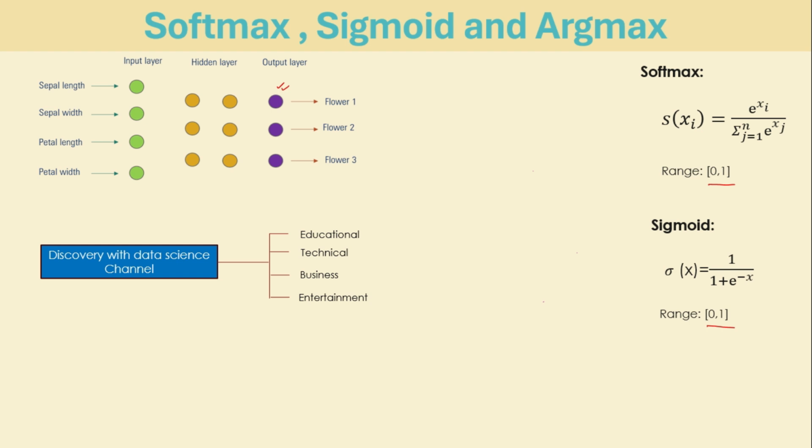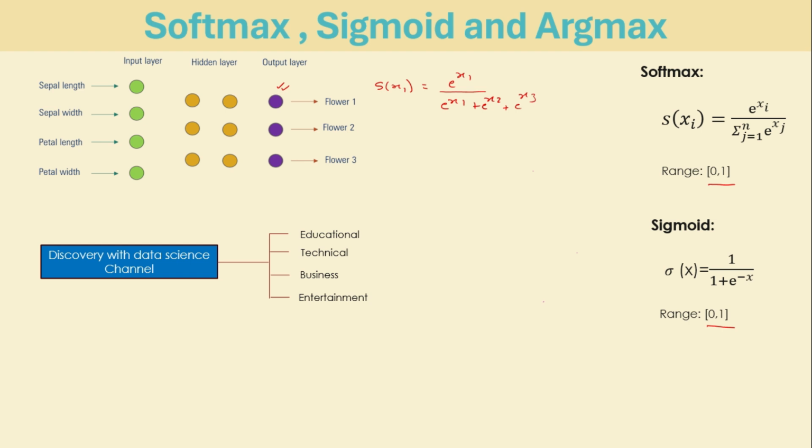But if you see its formula and calculate for each group, like for flower 1, if I am calculating it as Sx1, then its value will be e to the power x1 divided by e to the power x1 plus e to the power x2 plus e to the power x3.